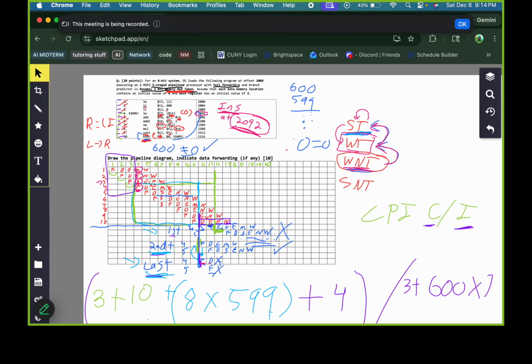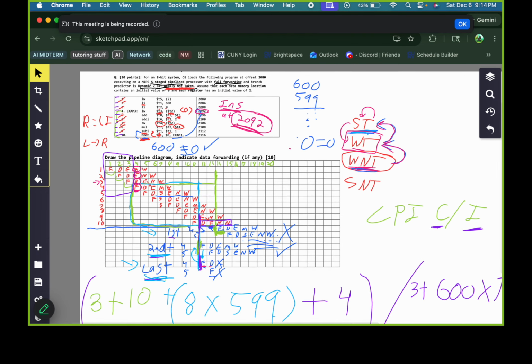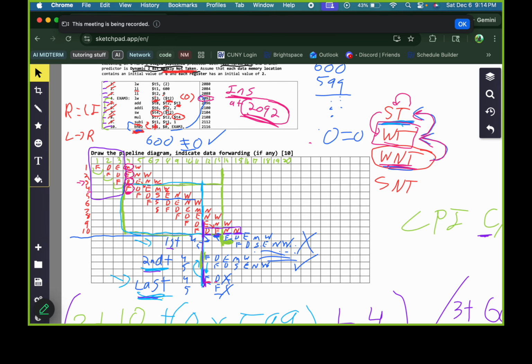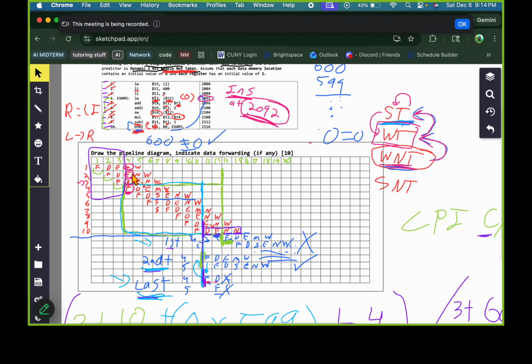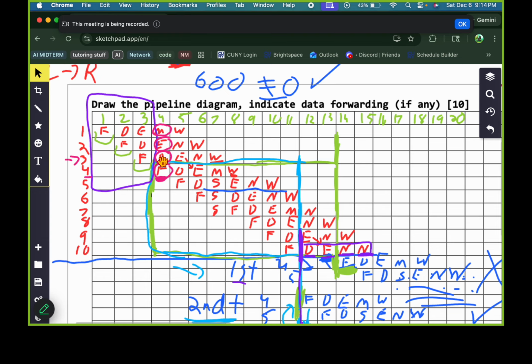Okay, there's a question. If it asked for the MDR value at the beginning of instruction 3, would the answer then have been the instruction from address 2088? Yes, that was an excellent question. So if the question was asking at the end, right, the end over here, that means that the fetch for instruction 4 has already happened.